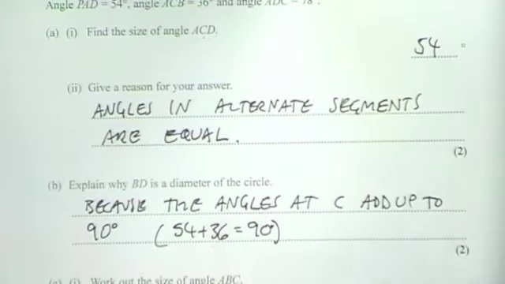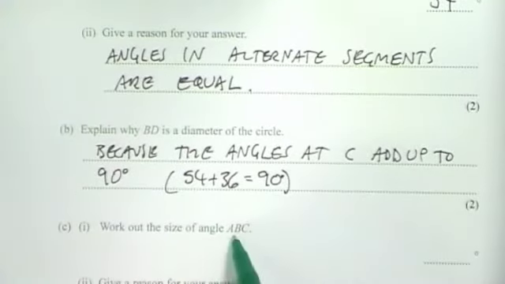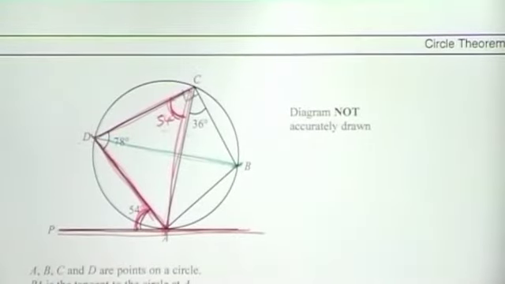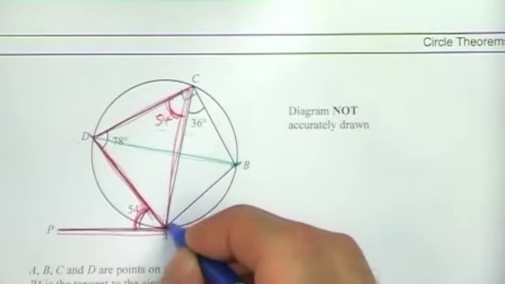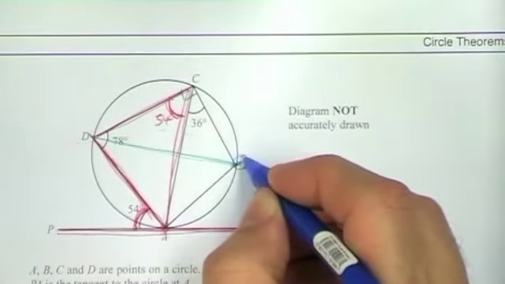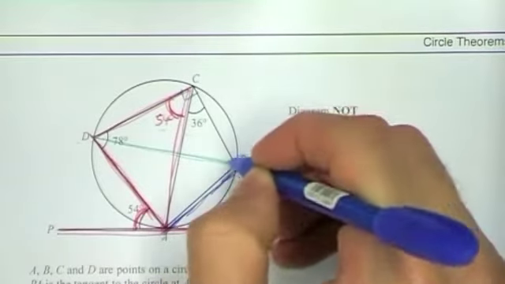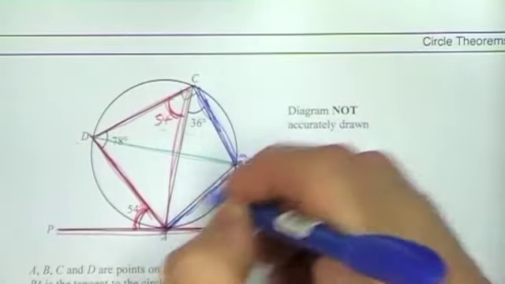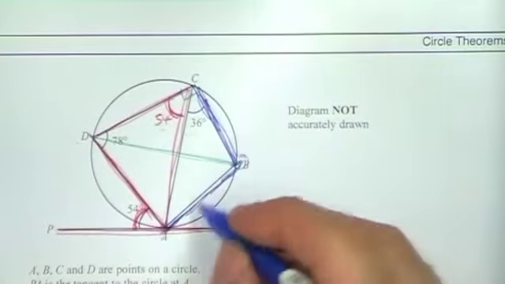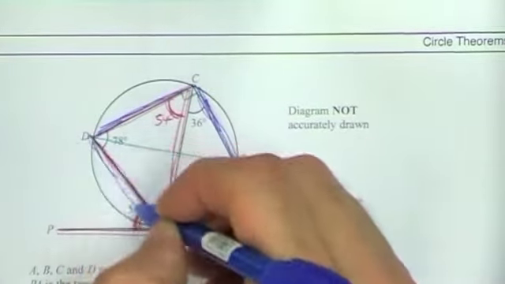The last part, part C of the question, says work out the size of angle ABC. So ABC, let's see where that is on the diagram. From A to B to C. Well, that forms 3 points on the circle, and we can make our quadrilateral by joining those to the fourth.